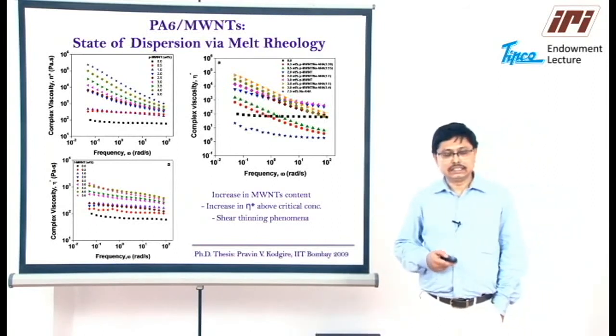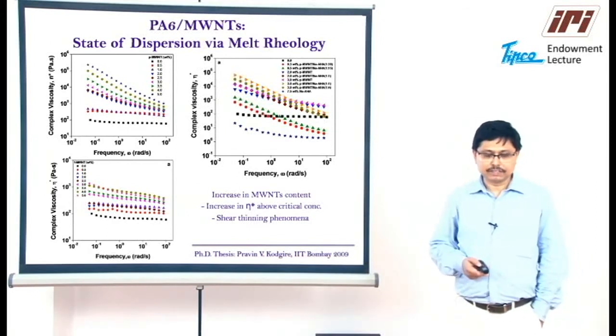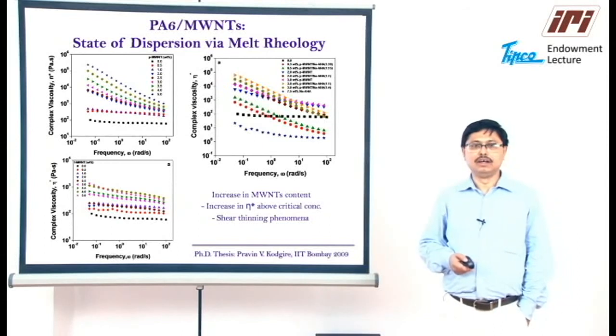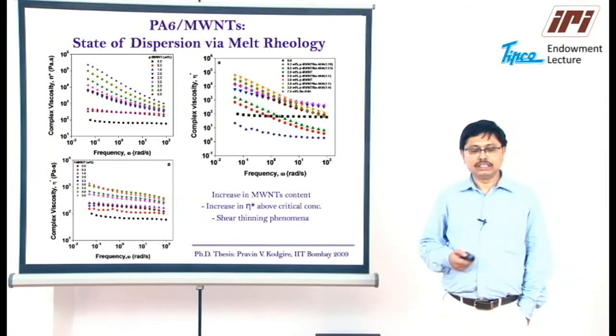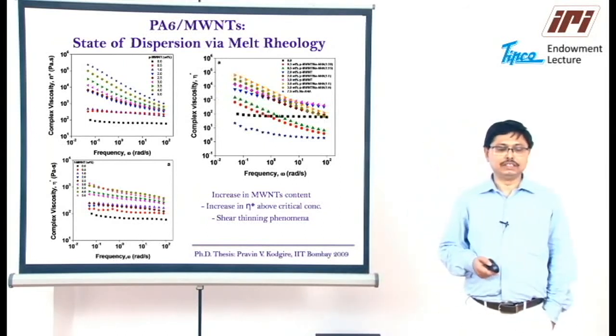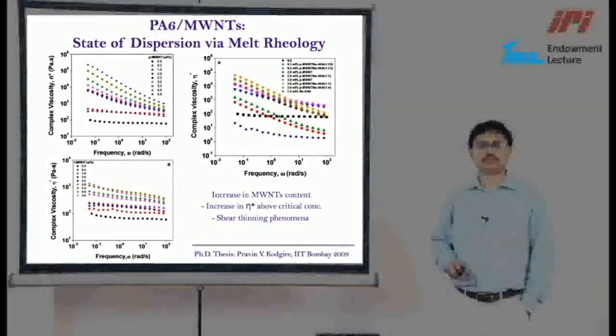This indicates an increase in complex viscosity above a critical concentration, with shear thinning, but the interesting thing is that rheological percolation is being facilitated because of the presence of these exfoliated multi-wall nanotubes.